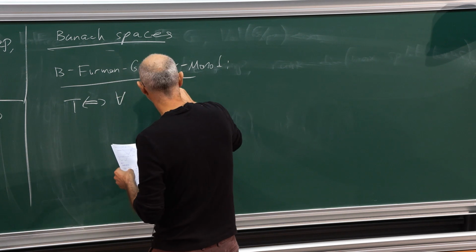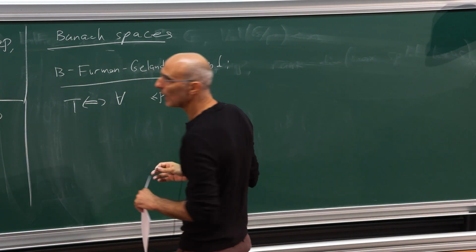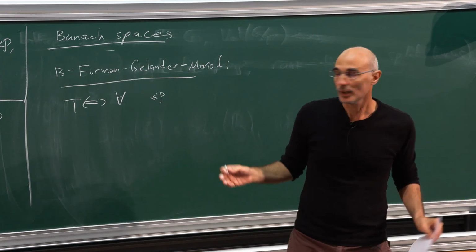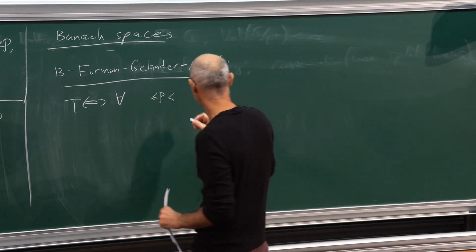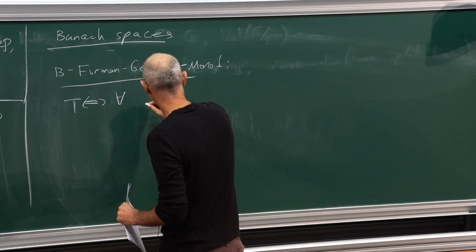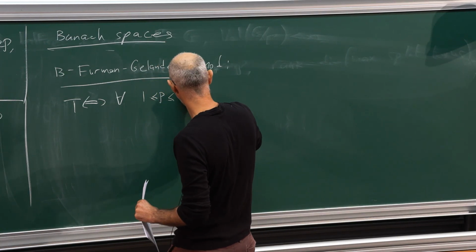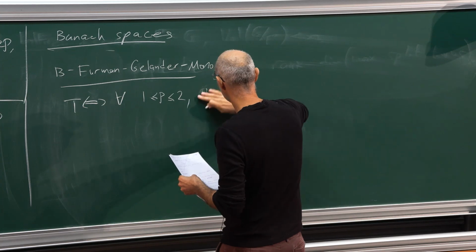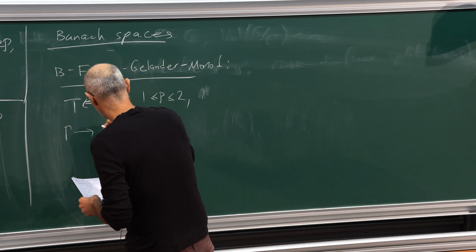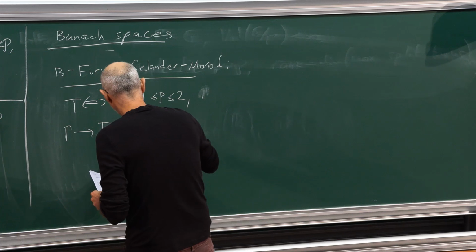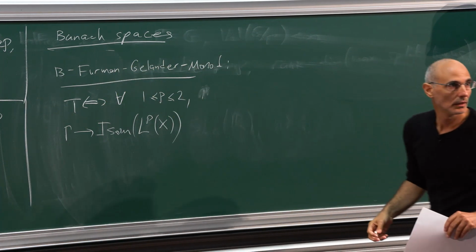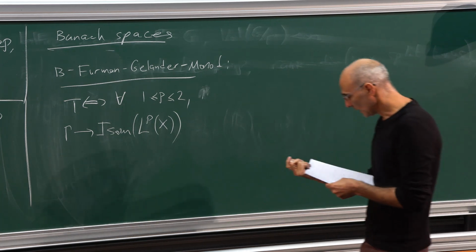the following. Now I think of LP spaces. Unitary representation is L2 space, and I want to change P and look at representation into the isometry group of LPX, some Banach space of type LP.